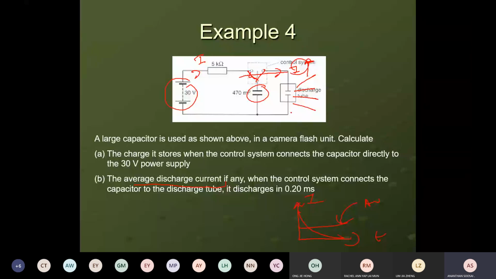Next, you have to know that C equals Q over V. Define capacitance. What is capacitance? It is the ratio of charge stored per unit volt between the plates. You must say that it is the amount of charge stored in one plate over the potential difference across the plates.